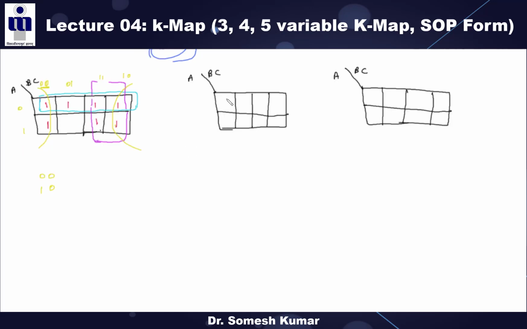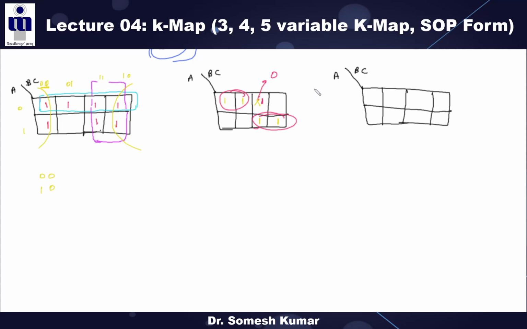In this question, this is 1, this is 1, this is 1, this is 1. This is don't care, so we can take don't care as a 0 or a 1. We can take it as 0 because it will not affect; it will make this pair. If we take it as 1 unnecessarily, we have to make one more pair, which is not required.